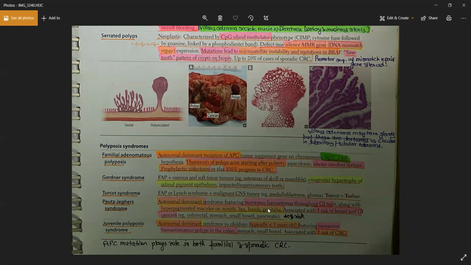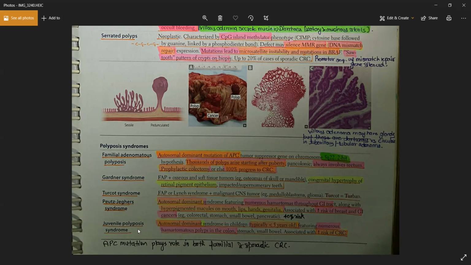So whenever you encounter a patient having many polyps along with hyperpigmentation on the lip, on the oral mucosa, right? That means the patient has PJ syndrome. Very important, right? And the patient will have an increased risk of developing GI cancers and breast cancer. And that's why you need to do the bowel resection in these patients.